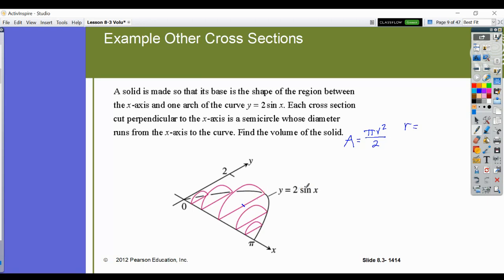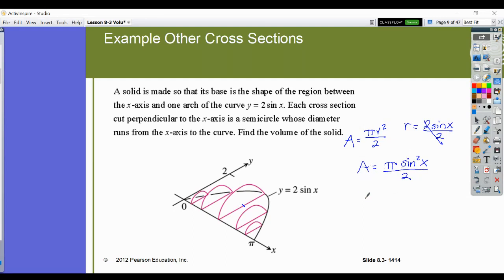And the value of my function each time is 2 sine of x, divided by 2. So that means the radius is sine of x. So my formula for the area of a cross section is pi sine squared x over 2.